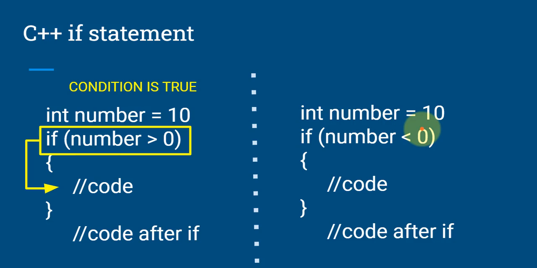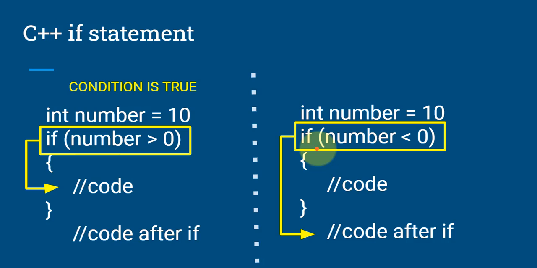However, let's copy this code in here. The only difference is that, as you noticed, our condition now uses less than. If number is less than 0, the program will not read the code in the body, and instead it will go directly to the instruction on this part, the code after the if condition.